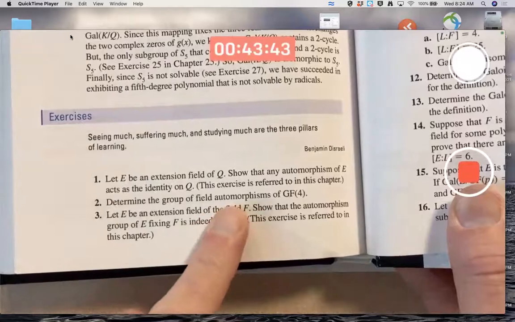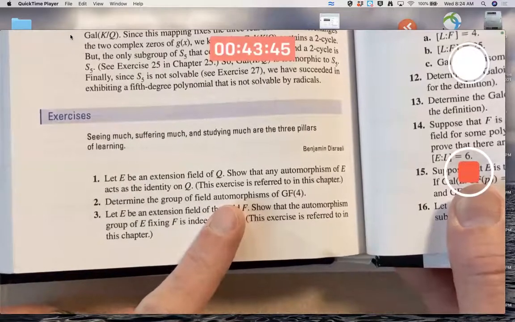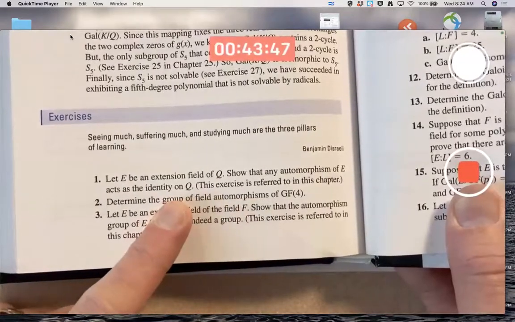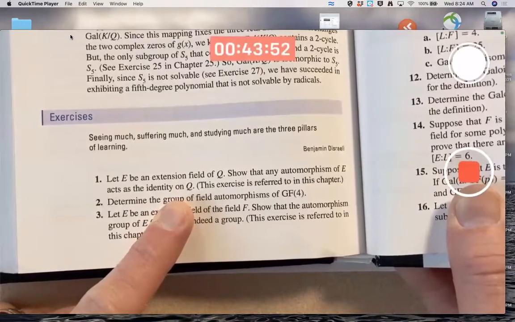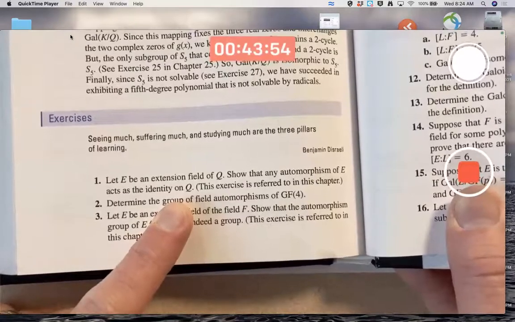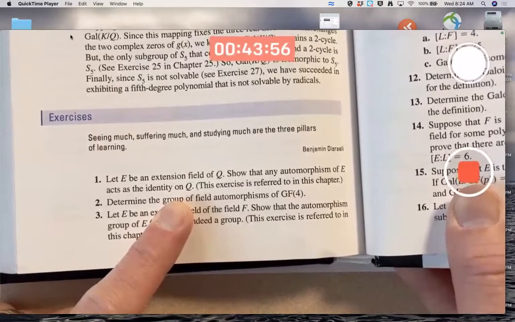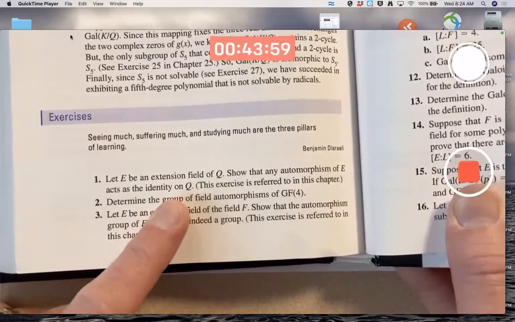But because any automorphism of E acts as the identity on Q, it will automatically be in the Galois group of E over Q. Kind of confusing, but true. And you may use number 1 whenever you need it.